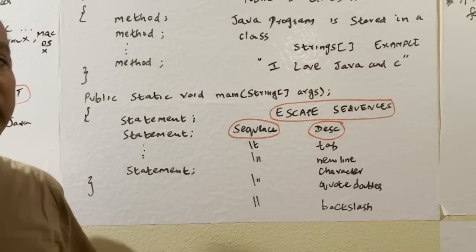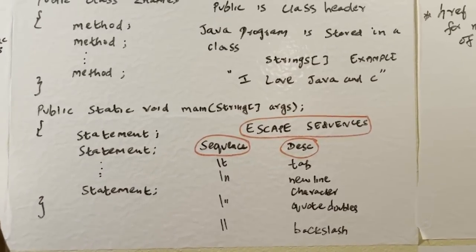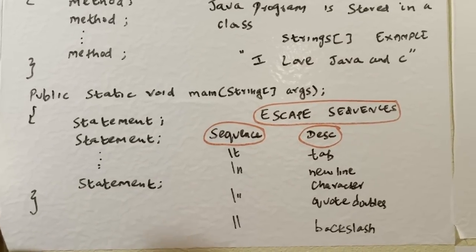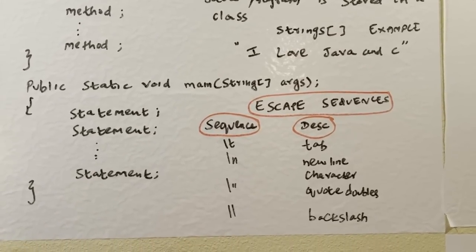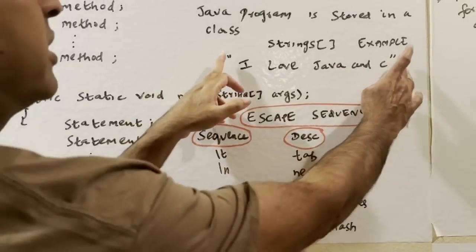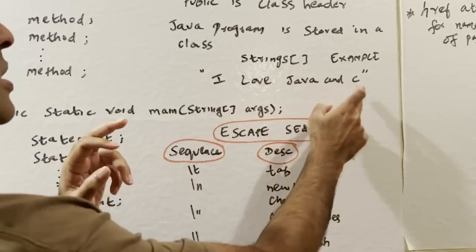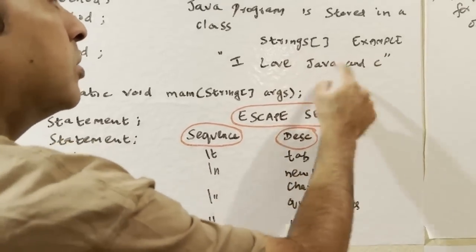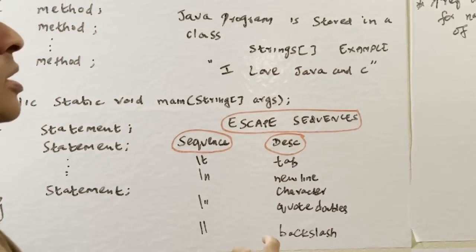Remember in the C language we talked about escape sequences. Escape sequences make the programmer's job easier. What if you want to put a quoted string inside here? For example, this is the actual string: I love Java and C. What if you want to put the quotes inside here, so the output should show the quotes?